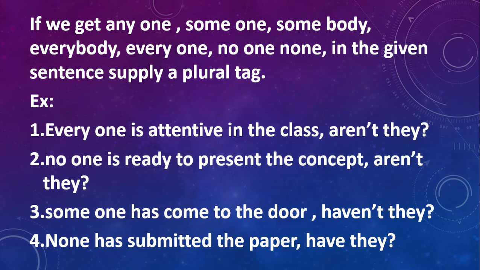You can clearly see that we have used a singular verb, is. But when we are applying the tag, we are using the verb in plural form. That is the main rule. If there is a presence of words like anyone, someone, somebody, everybody, everyone and no one, you have to use only the plural tag. Even though the verb in the sentence is singular, you have to apply only the plural tag.